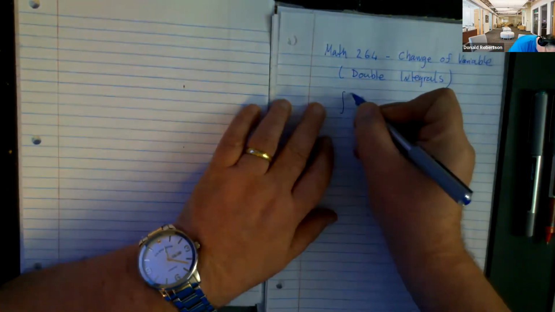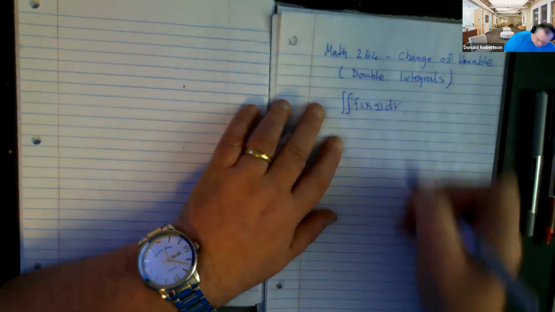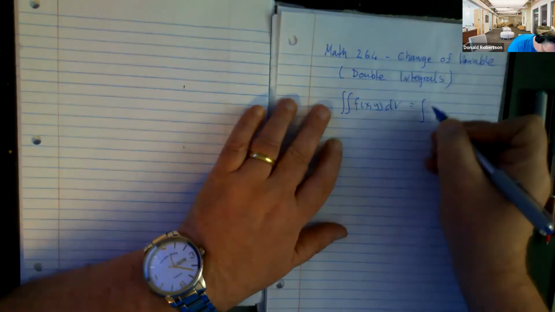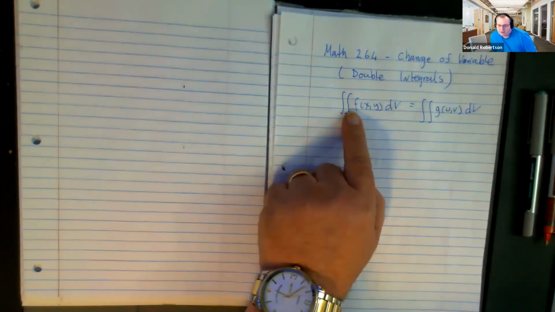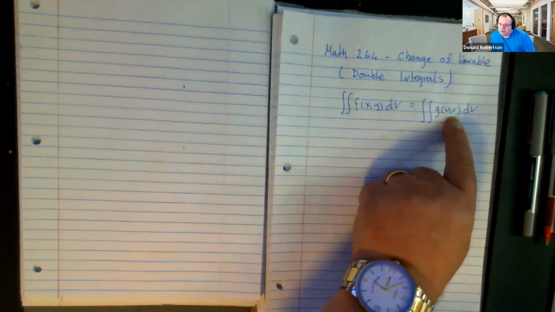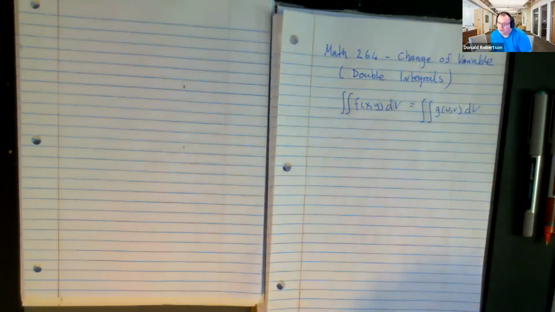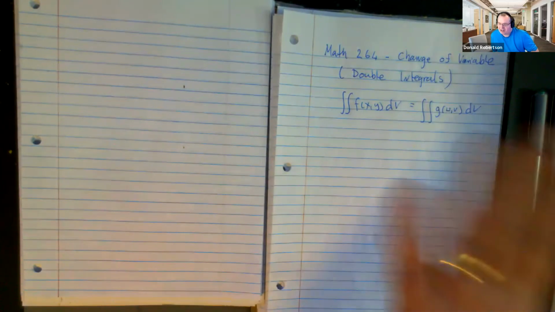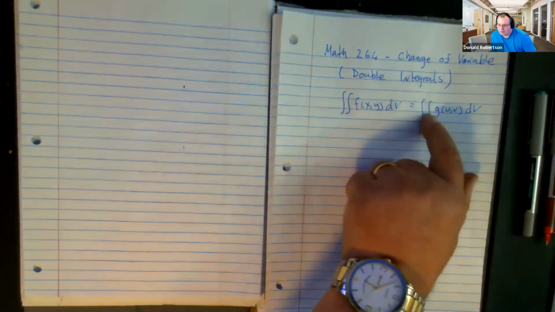So essentially, you're going to take a function in terms of x and y, and you're going to change it into a new function. This one is too difficult to do, and this one, which is equal to it, is much easier to do. And that's essentially what change of variables does. It takes the x e to the x squared, which is hard to do, and turns it into an e to the u or a half e to the u, which is easy to do. So what we're going to do is skill building before we even tackle that situation.